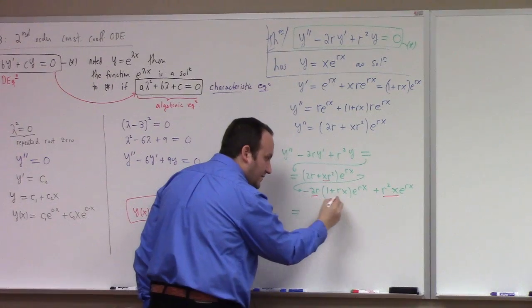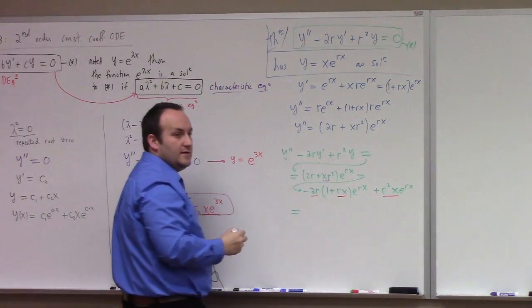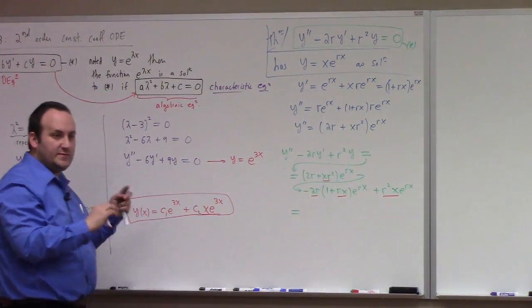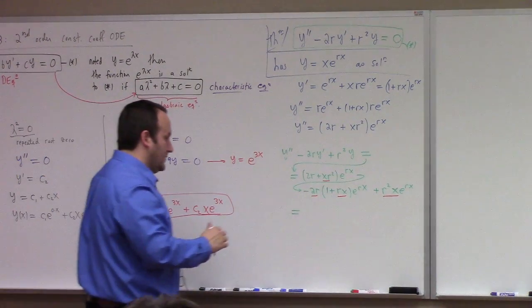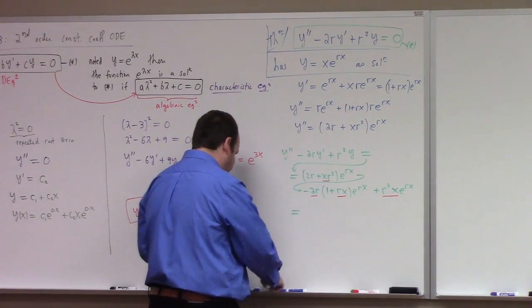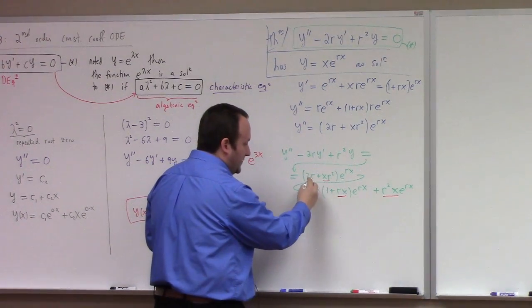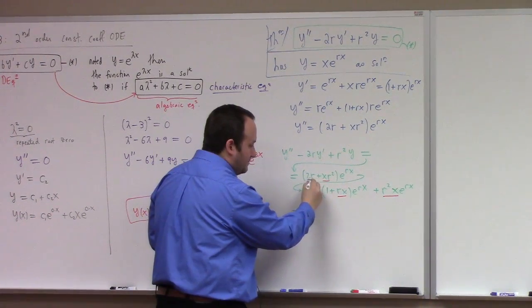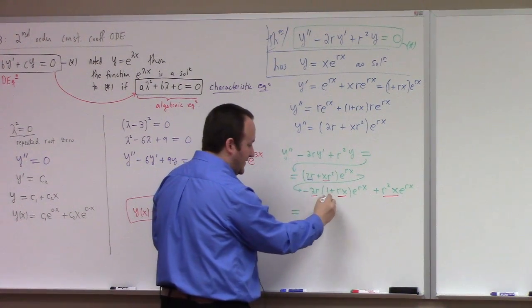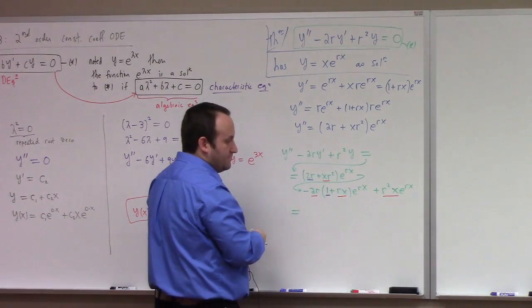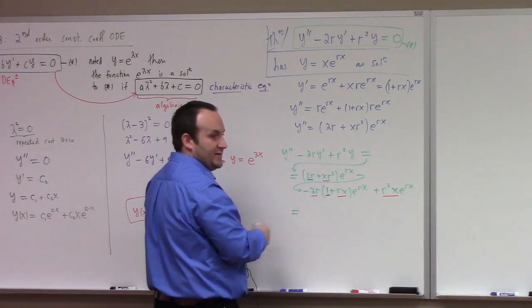Minus 2r times rx. So I get minus 2 of those terms. Gone, right? They cancel. What else are we left with? How about this 2r? What balances out this term? That's minus 2r, so that's balanced by this guy. And that's everything.